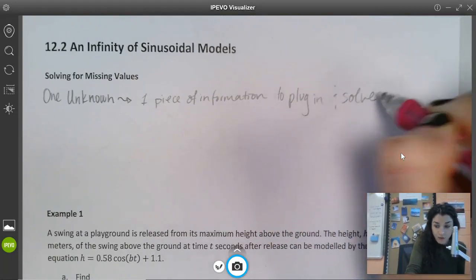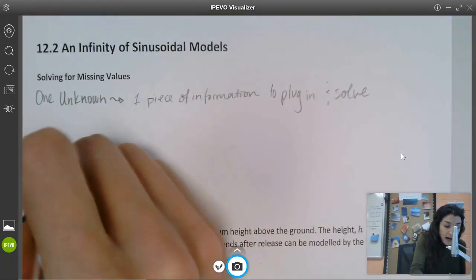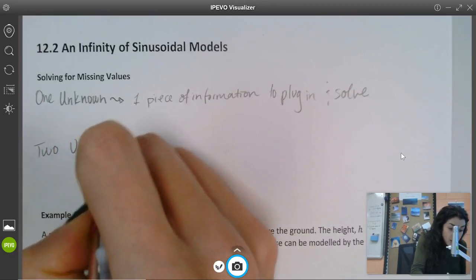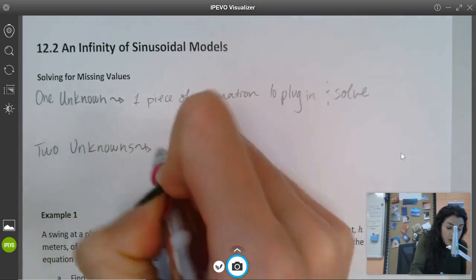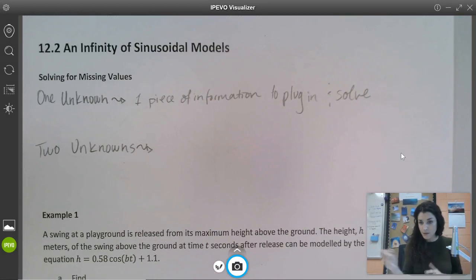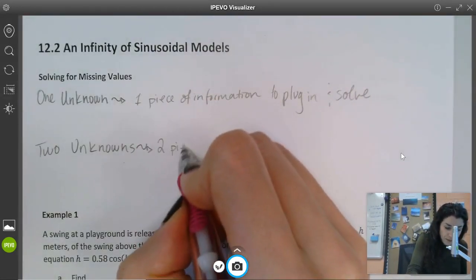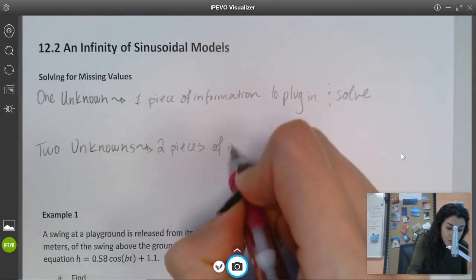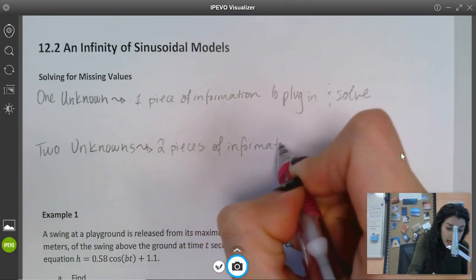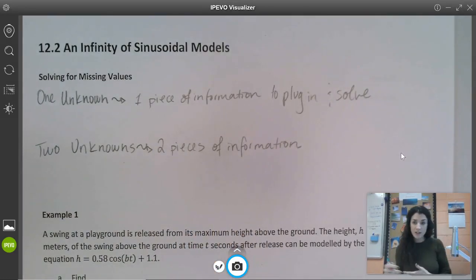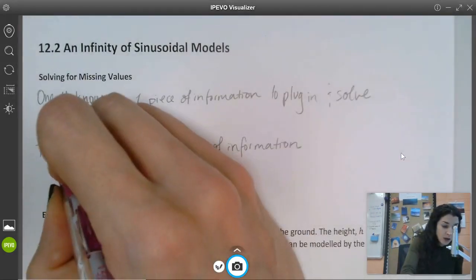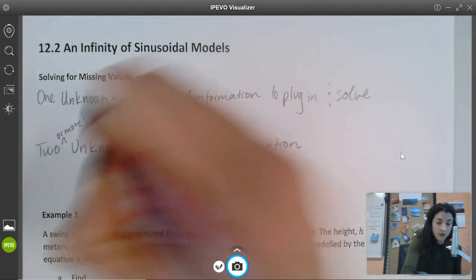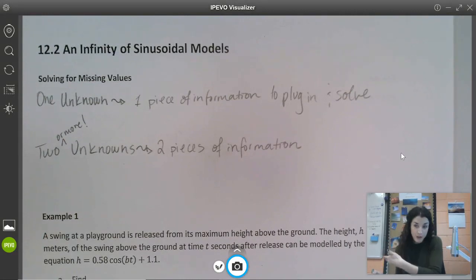So when we have more unknowns, like two unknowns, we would then need two pieces of information. When we have two pieces of information, we can create two separate equations, and that's when we have a system of equations. And this works for two or more unknowns, right? Three unknowns means three pieces of information, three equations.